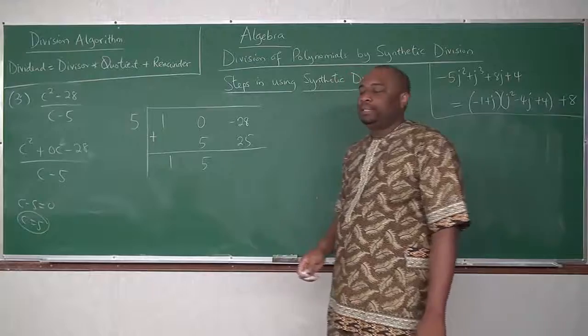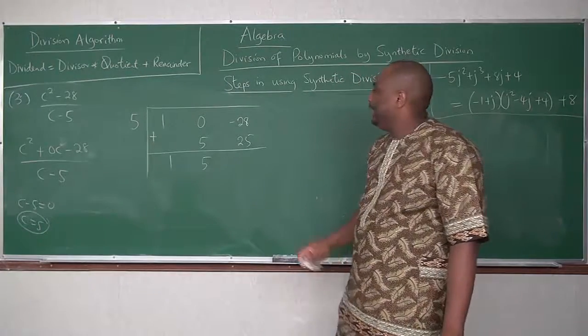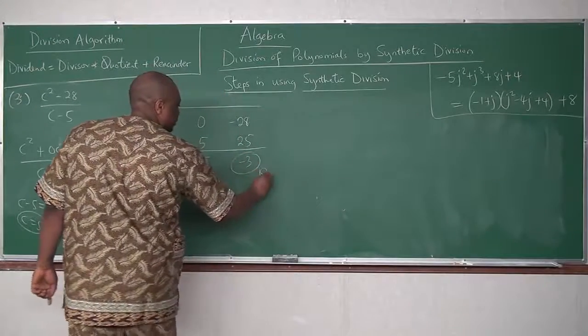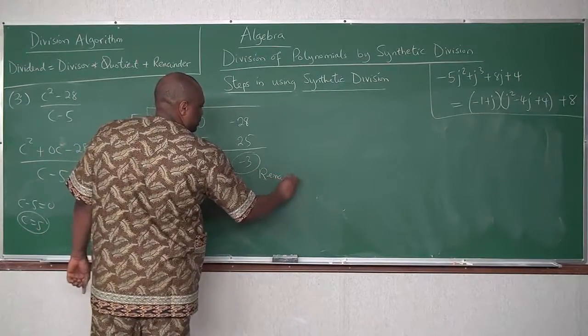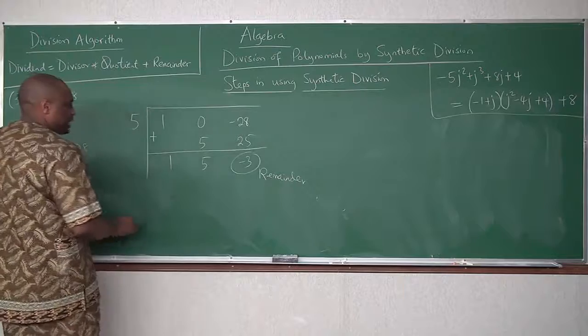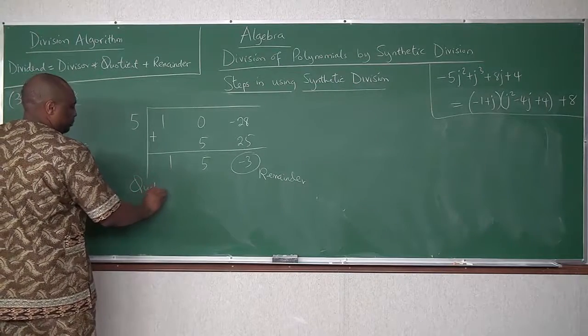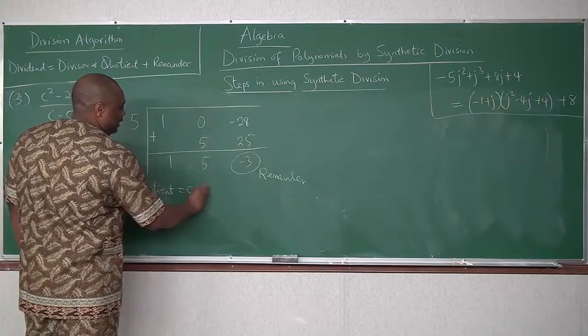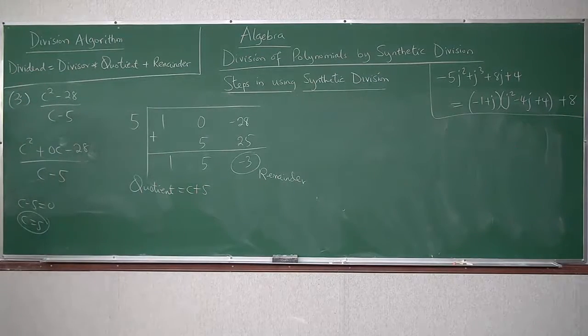Negative 28 plus 25 is negative 3. So this is the remainder, and my quotient will be c plus 5.